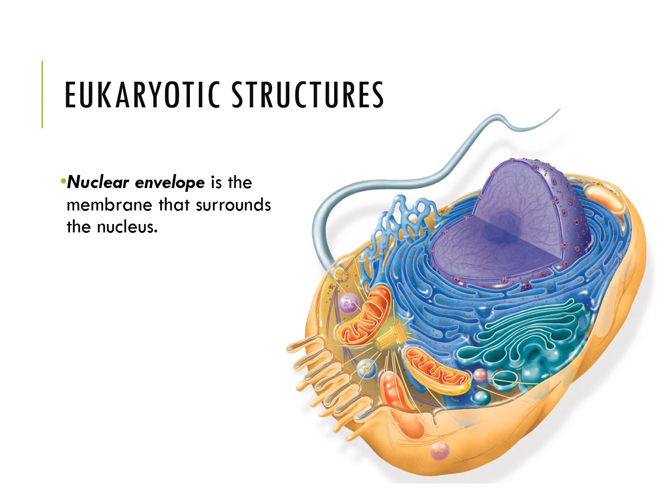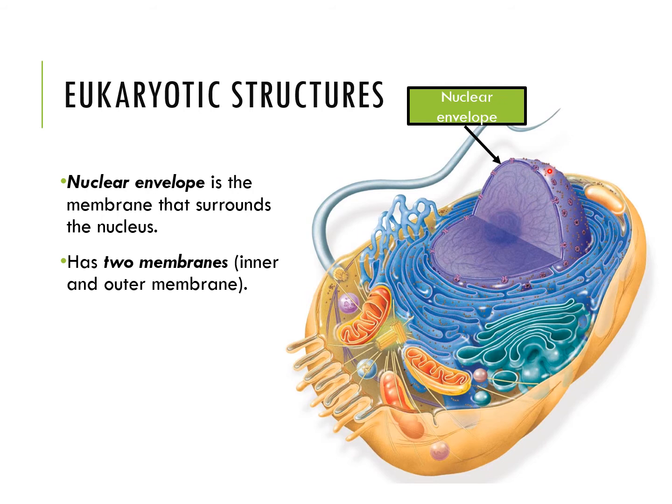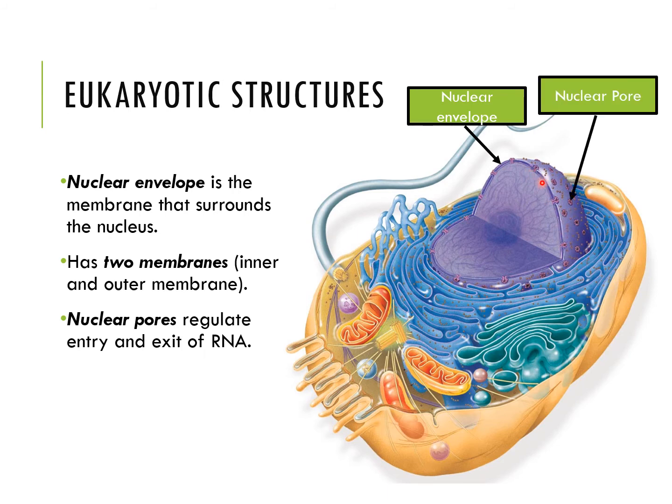The nuclear envelope is a membrane that surrounds the nucleus to protect it. It's the one with all the holes on the side of it. It has two membranes, an inner and an outer membrane. And the nuclear pores, which are those holes I just talked about, regulate mRNA, or just RNA in general, coming in and out of the nucleus. So there's a nuclear pore.